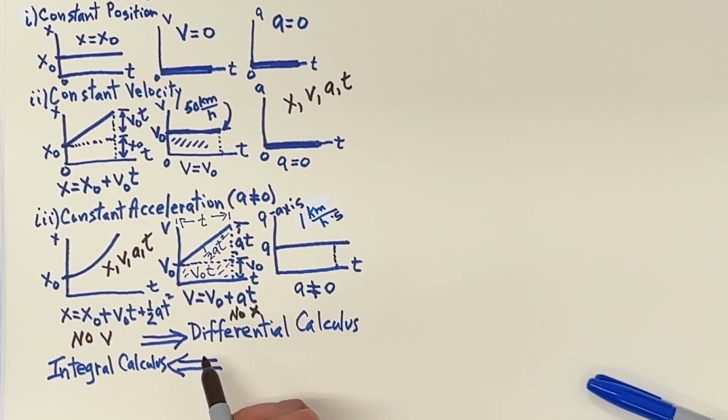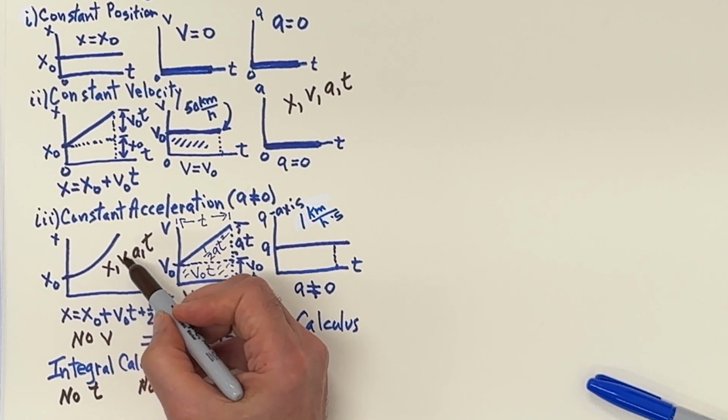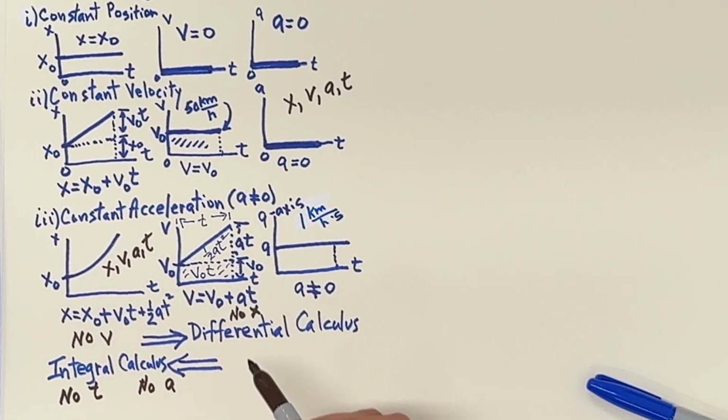It'd be nice to find two more, one that has no t, and one that has no a. All right, so there's no x, no v, no a, no t.